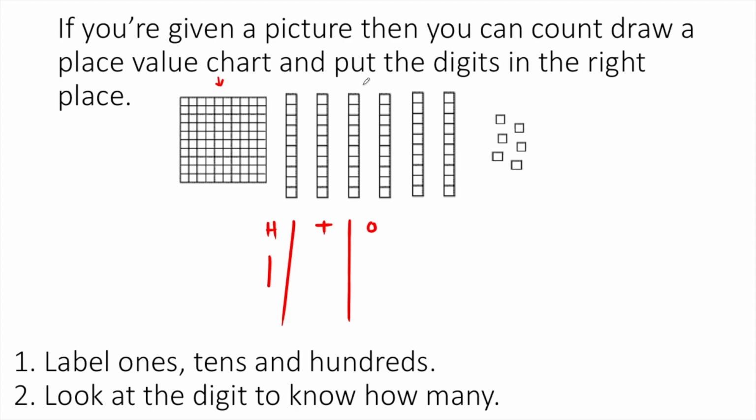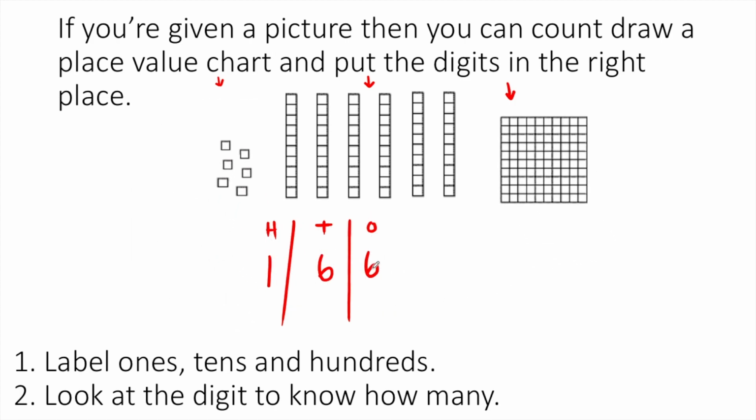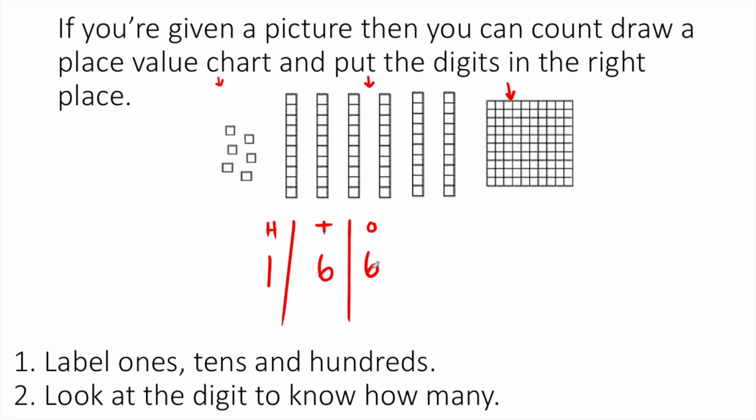I see 6 tens rods here, so I'm going to put a 6 in the tens place. And I see 6 ones, so I'm going to put a 6 in the ones place. Guess what? Even if these switched places, my number would still be 166. I don't just follow the order that it's drawn, I really pay attention to the value.